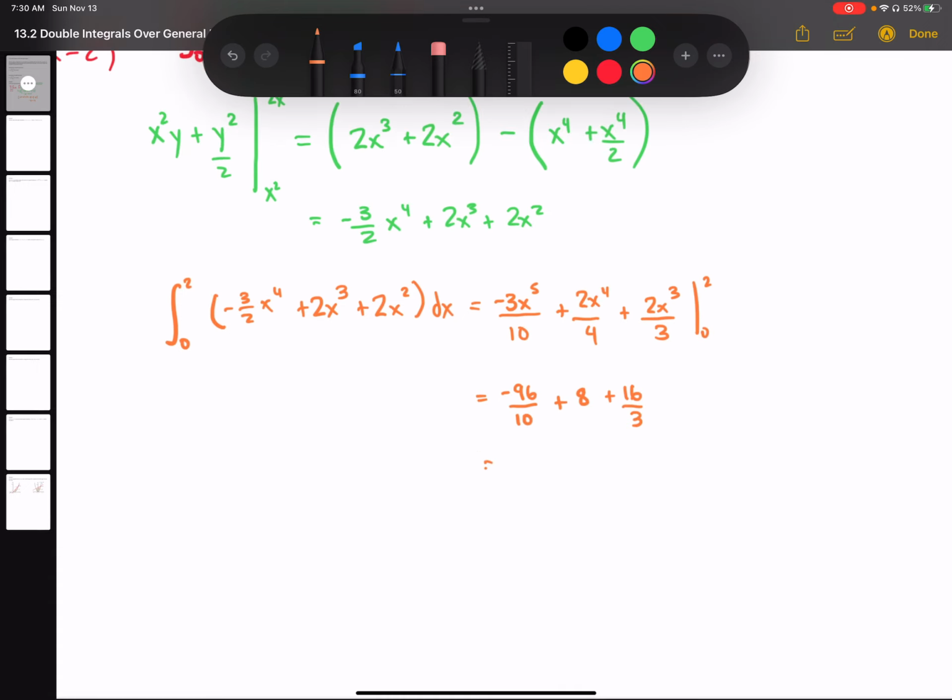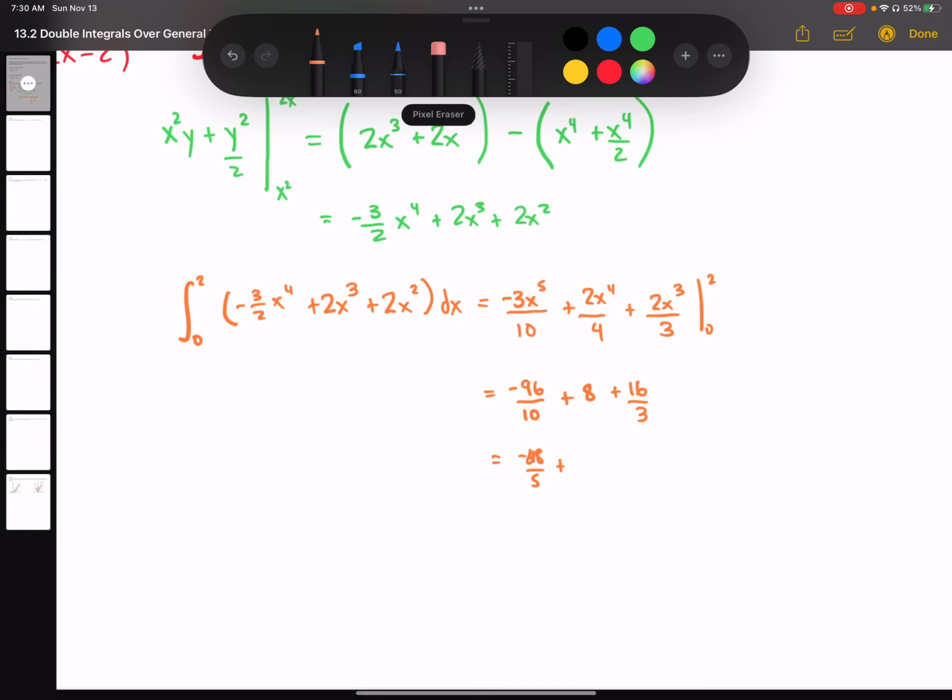And let's see, 2 divides into that, so we get negative 48 over 5. And say we get a common denominator. You know what? We get a common denominator of 15. So this was negative 48 over 5, so that's the same as negative 144 divided by 15.